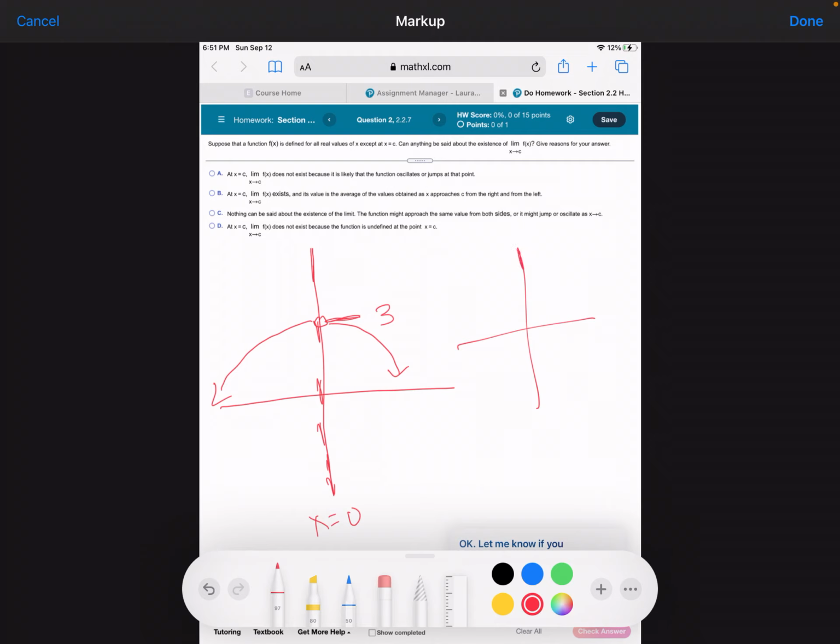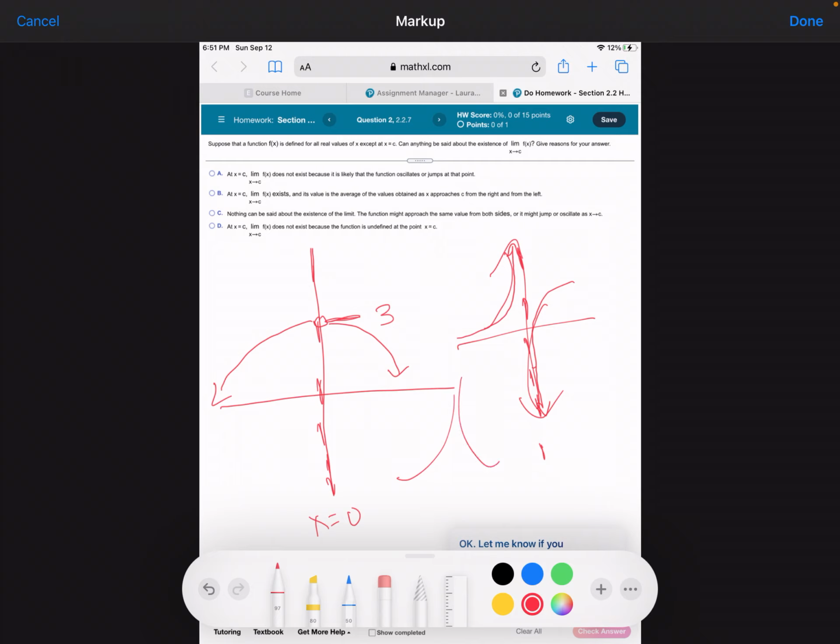But what if it's like an asymptote? What if the graph does something like this? Well, this exists for every single value except 0, but it doesn't have a limit, because this goes up to infinity and this goes down to infinity.